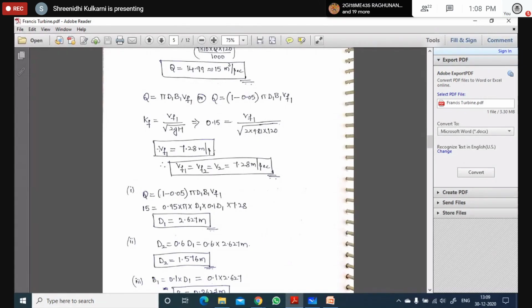So it means vf1 is equals to vf2, which is 7.28 meter per second.